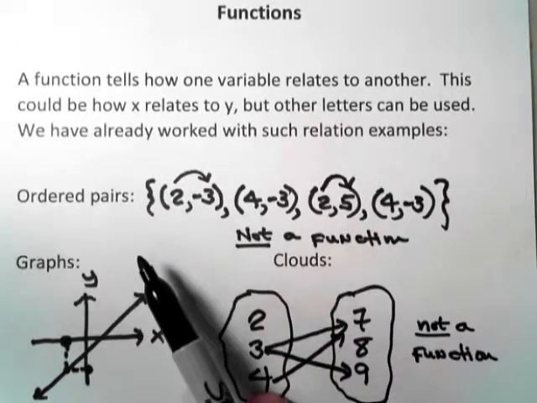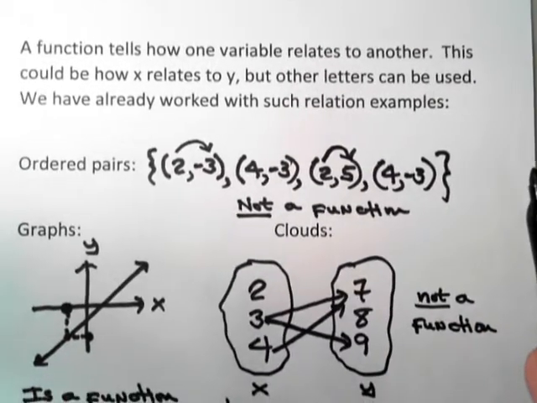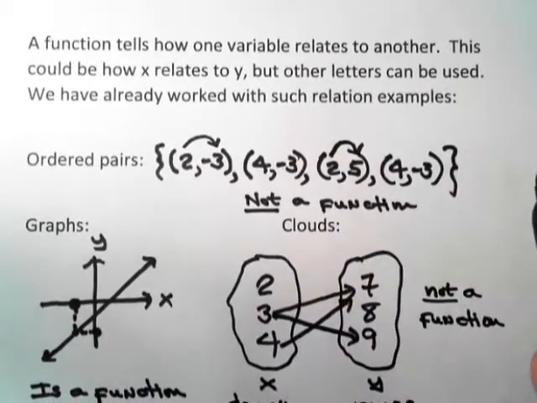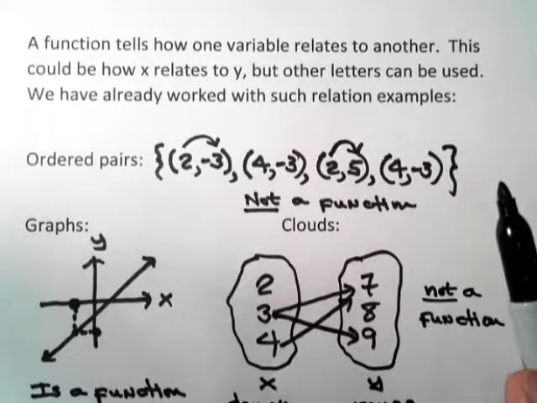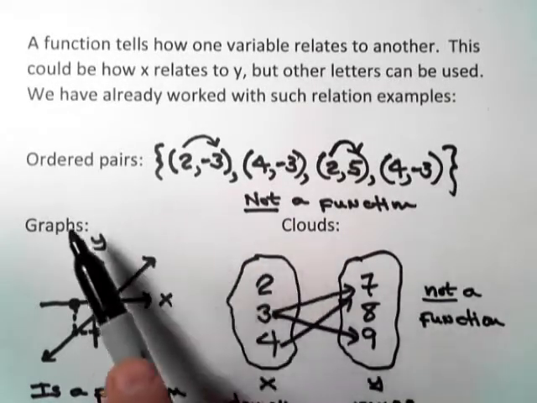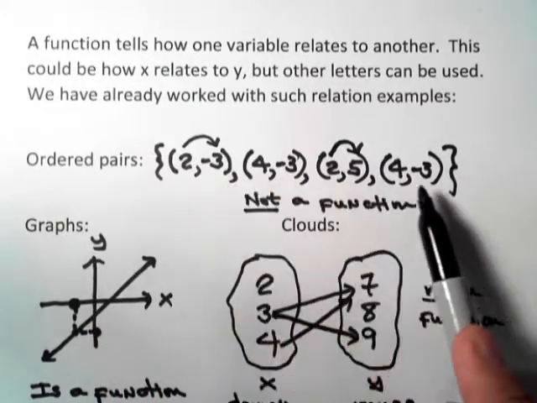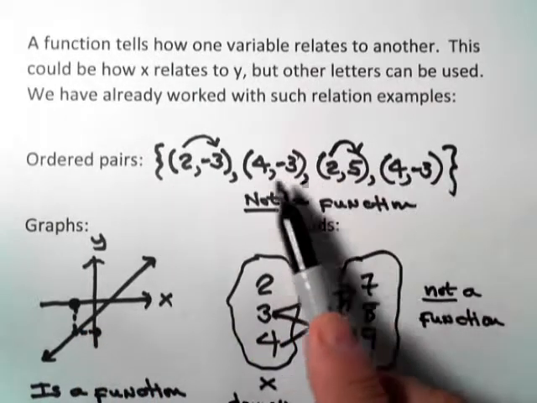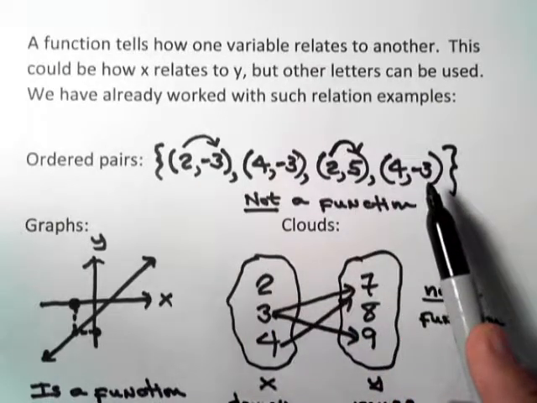Now, let's look at some ways that we can indicate that relations exist, and then we'll point out what's special about a function. One of the things we've done is we've indicated xy pairs as ordered pairs like this. So here's a set with 4 different xy pairs indicated.